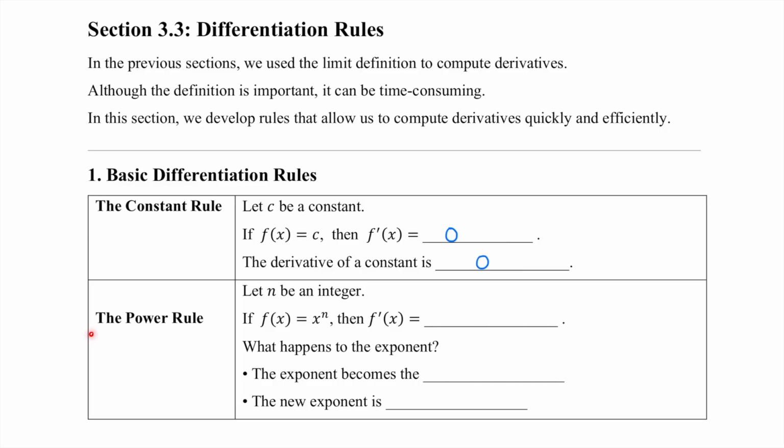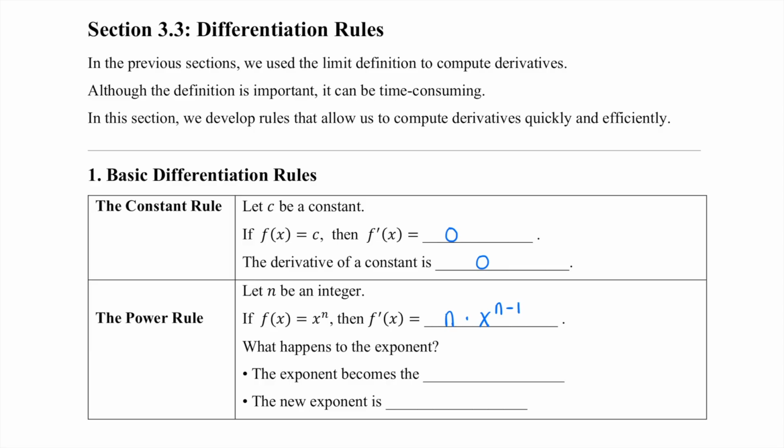Now let's talk about the power rule. Let n be an integer. If f of x equals x to the n, then the derivative f prime of x is n times x to the n minus 1. Let's talk about what happens to the exponent.